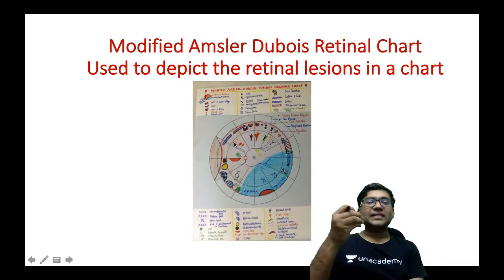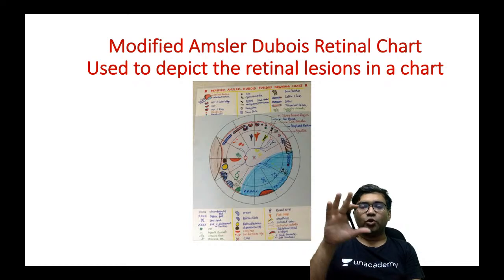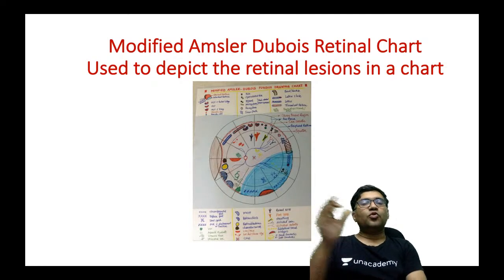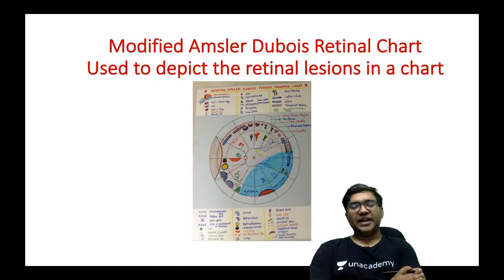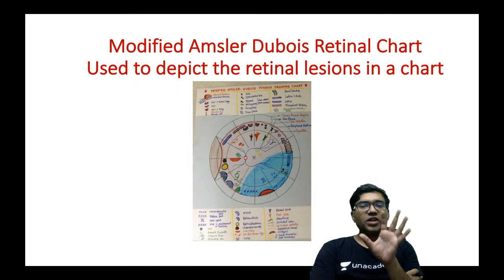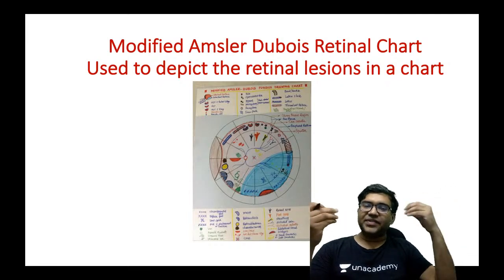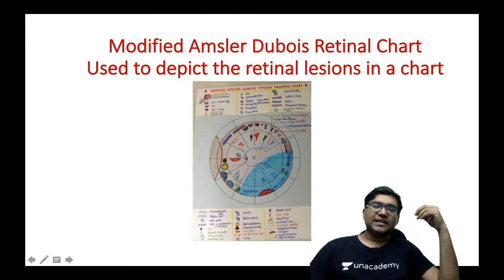Okay. So what is the modified Amsler Dubois retinal chart? If you can see this picture, when we are residents and we see a patient in our rounds, we do an indirect ophthalmoscopy and see various lesions. This is the optic nerve head, this is the macula.